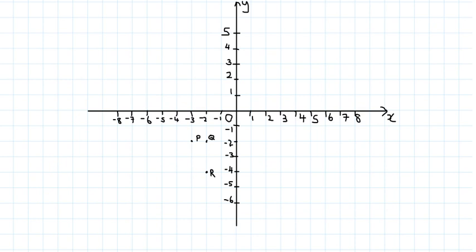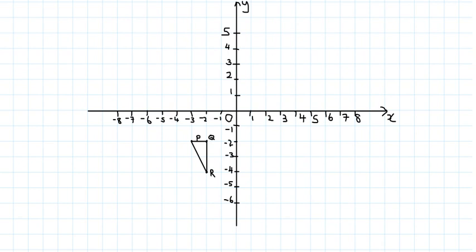Okay, so now all I have to do is connect my 3 points and I will have my triangle PQR. Alright, so for those of us who are drawing the diagram or drawing on your own graph sheet, this is what you should have for your triangle PQR.